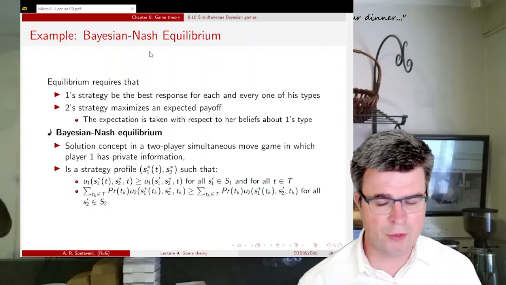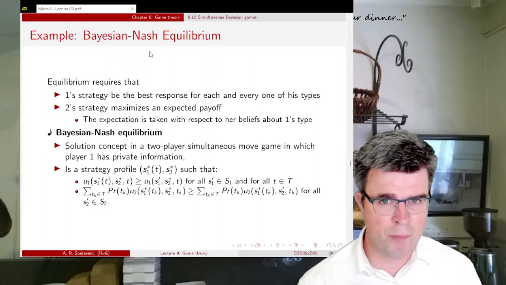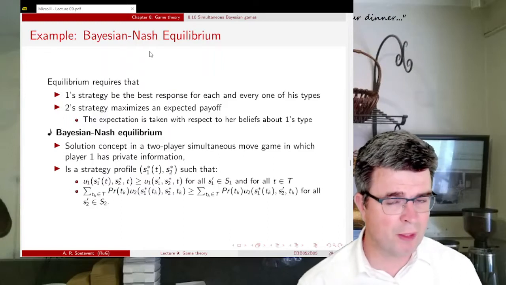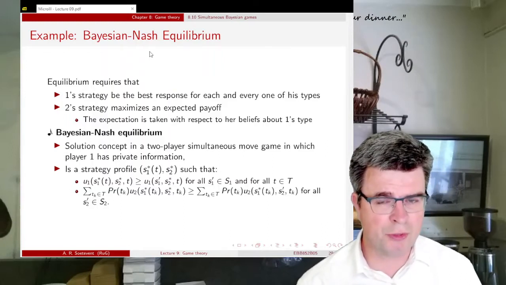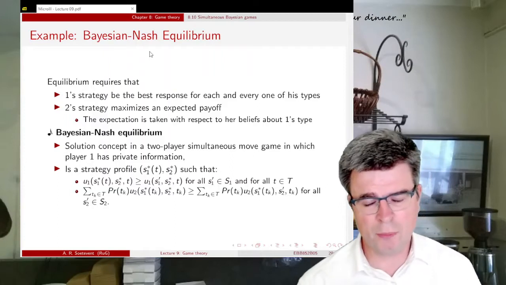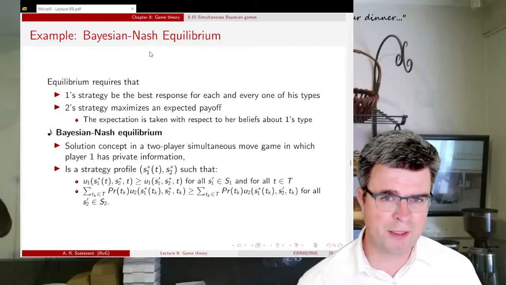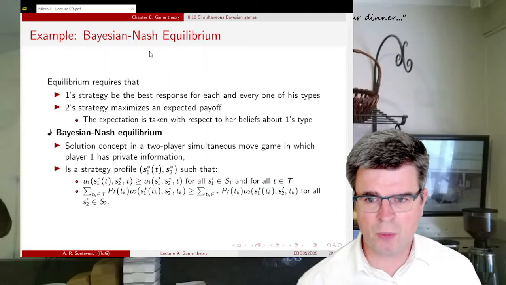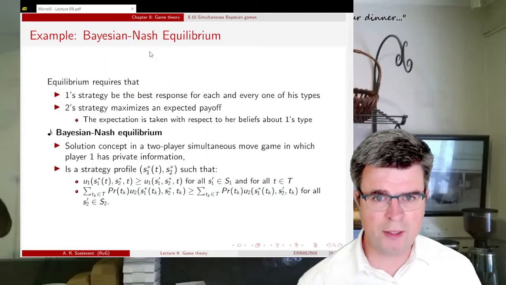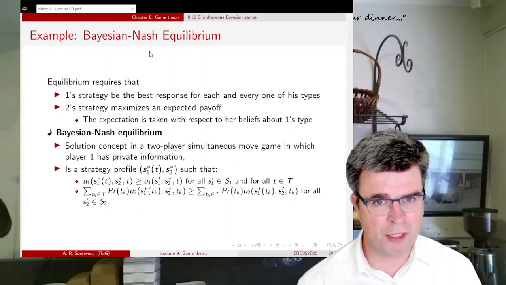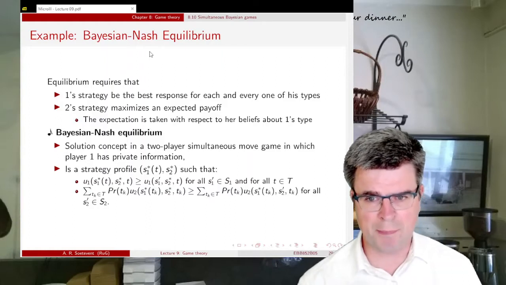And player 2 maximizes an expected payoff because she knows the probabilities that player 1 is of a certain type, but she doesn't know exactly which type player 1 is in a given instance. So she needs to take the expectation with respect to the belief she has about player 1's type.